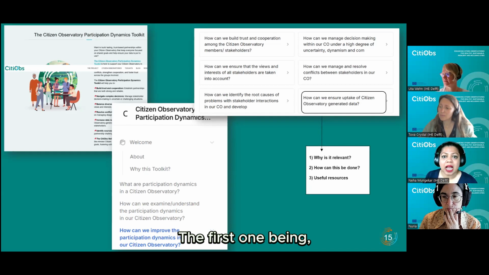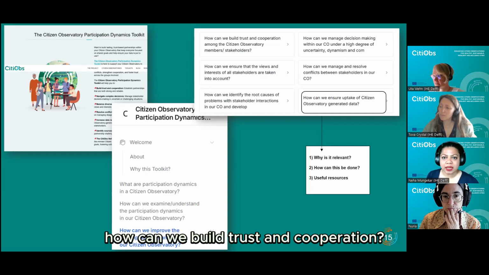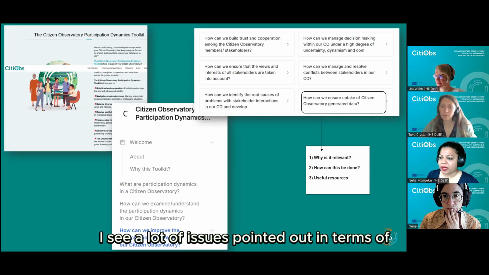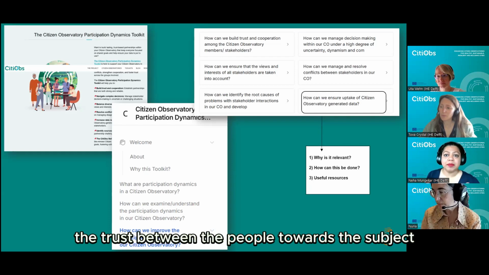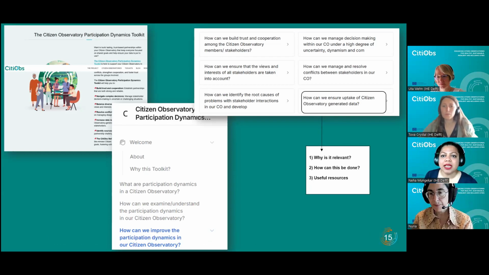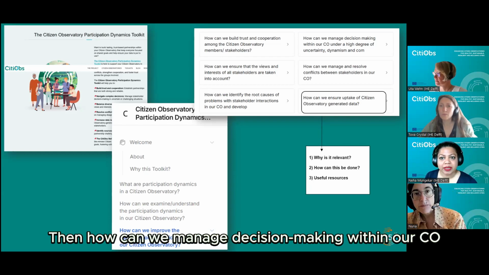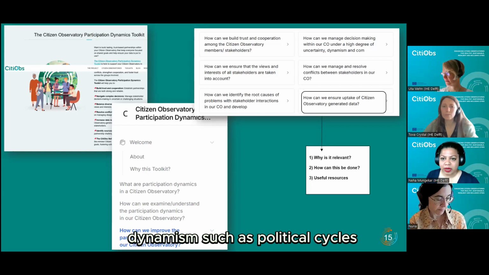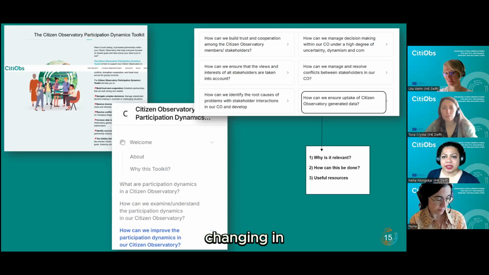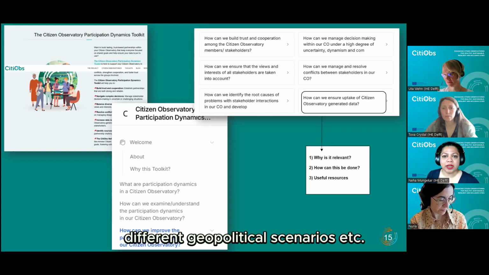The first one being, how can we build trust and cooperation? I see a lot of issues pointed out in terms of political agendas, the trust between the people towards the subject, etc. Then how can we manage decision making within our CO under a high degree of uncertainty and dynamism, such as political cycles and changing geopolitical scenarios?